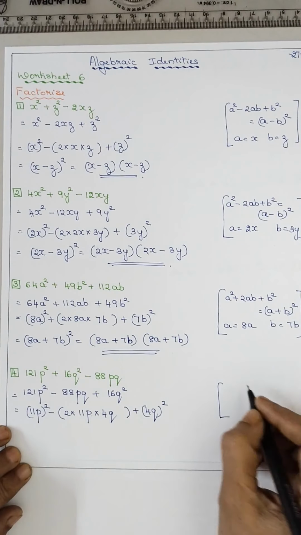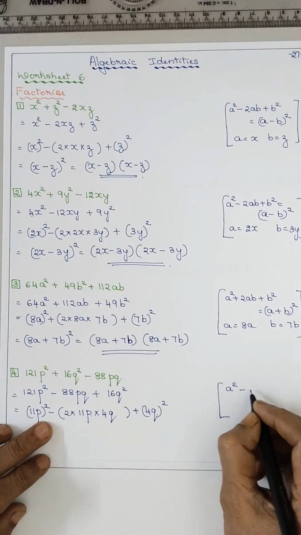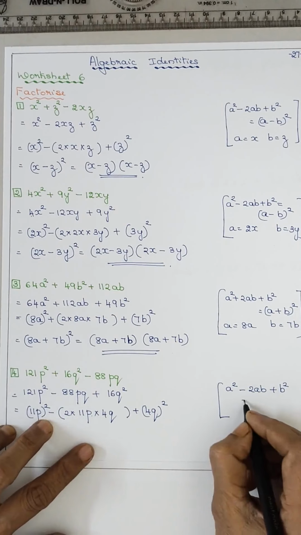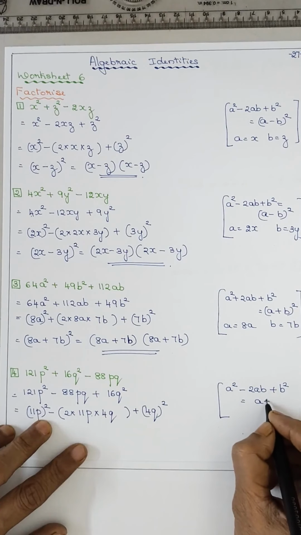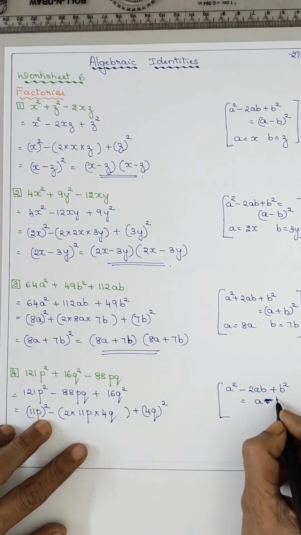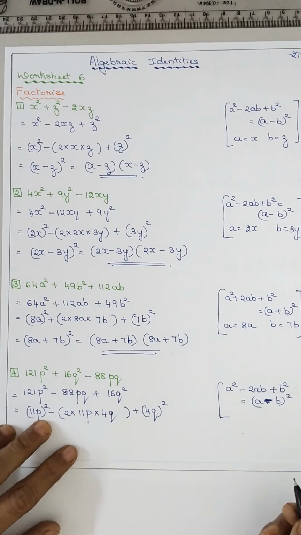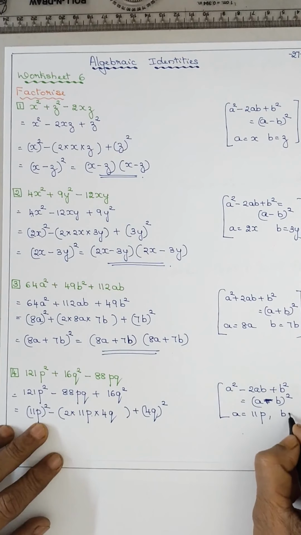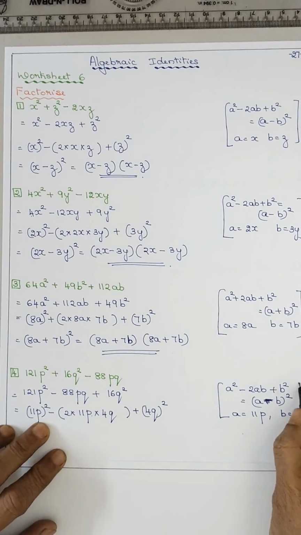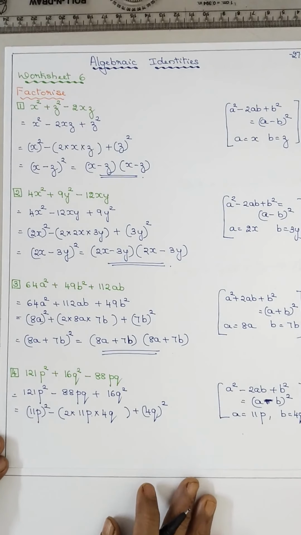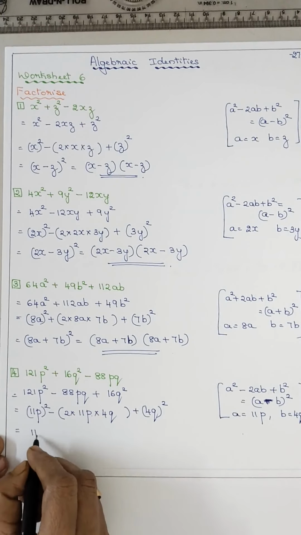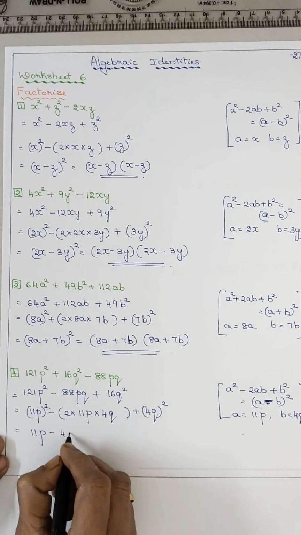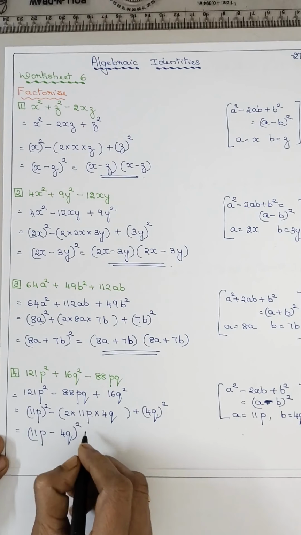So a squared minus 2ab plus b squared is equal to a minus b the whole square. a is 11p and b is 4q. Now it is 11p minus 4q the whole square.